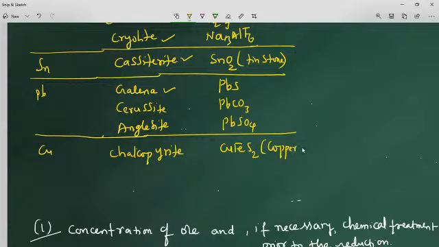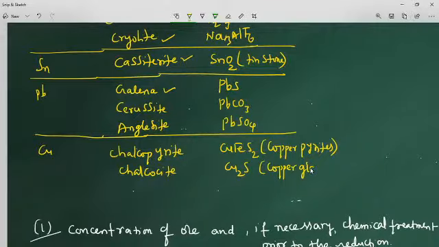Another important one is chalcocite for copper, that is Cu2S, copper glance. Another one is azurite, that is 2CuCO3·Cu(OH)2.